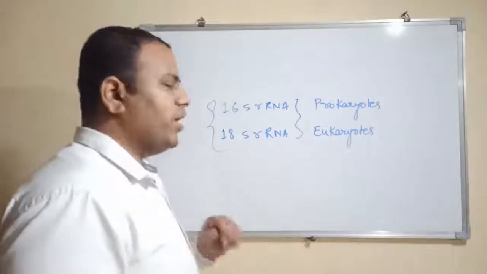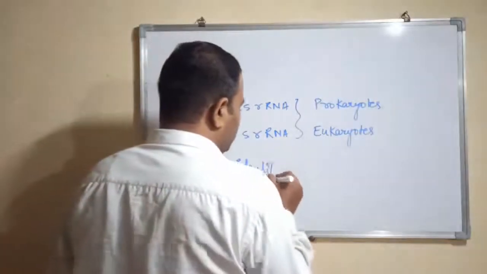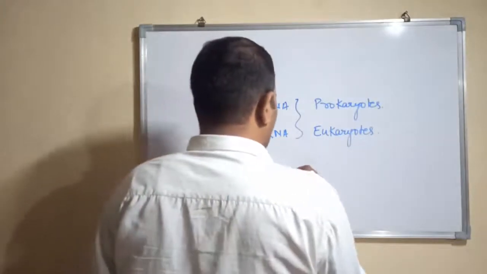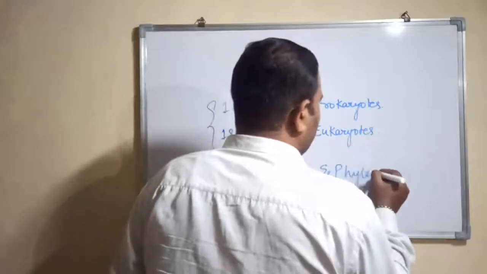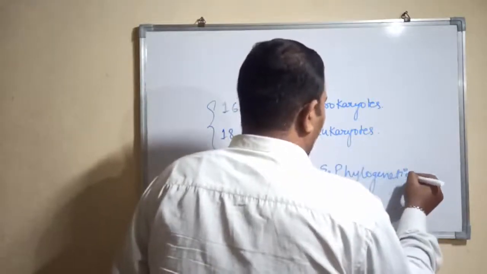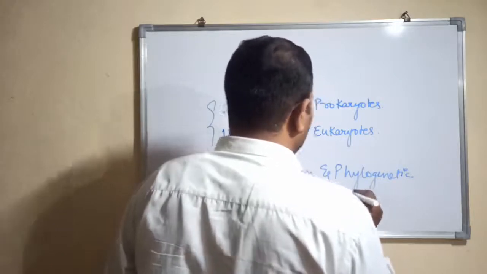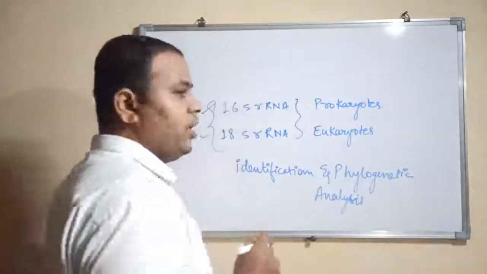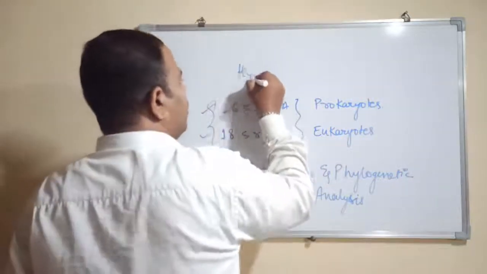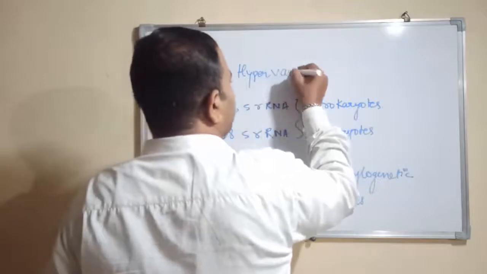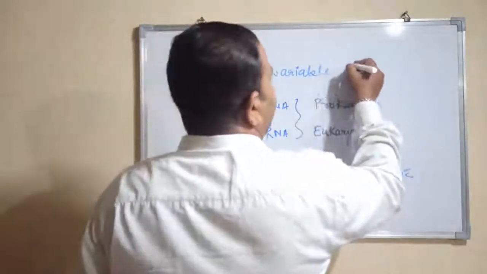So we can use this sequence for the identification of species and phylogenetic analysis, since these sequences are highly conserved within a species, and hypervariable between species.